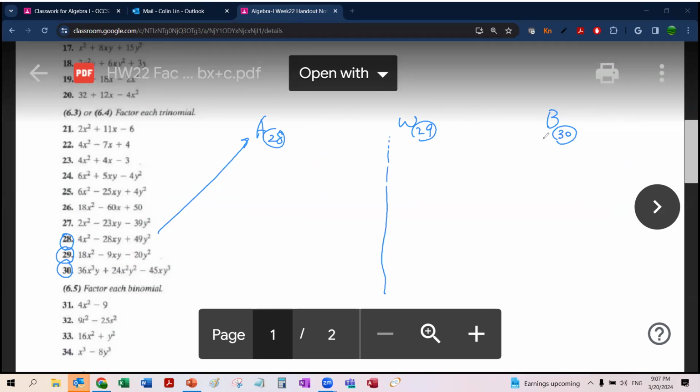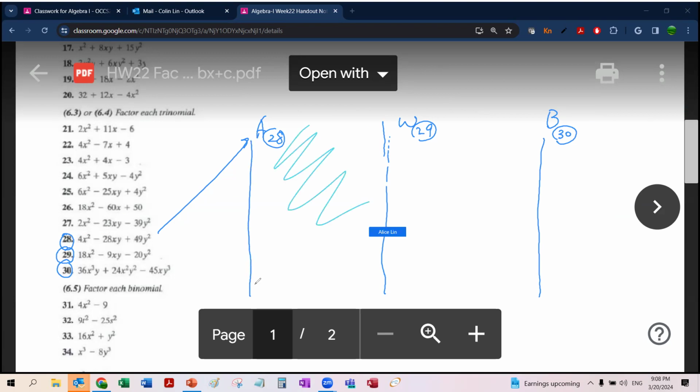Factor? Yep. For some reason it wouldn't let me write on the screen. Oh, you can write on your own notebook and then put it in the chat part.